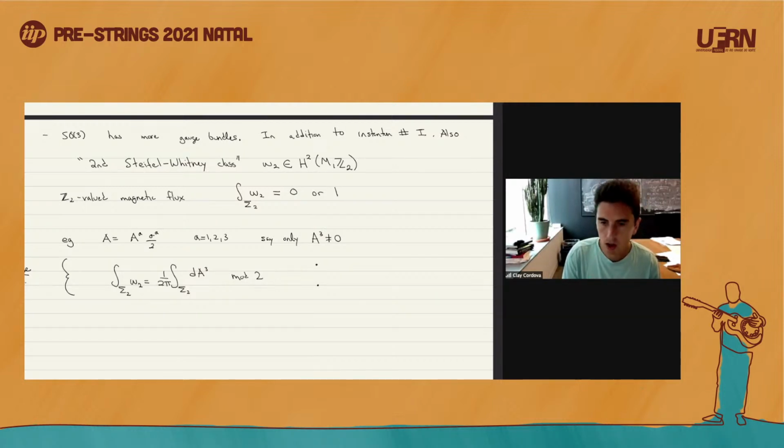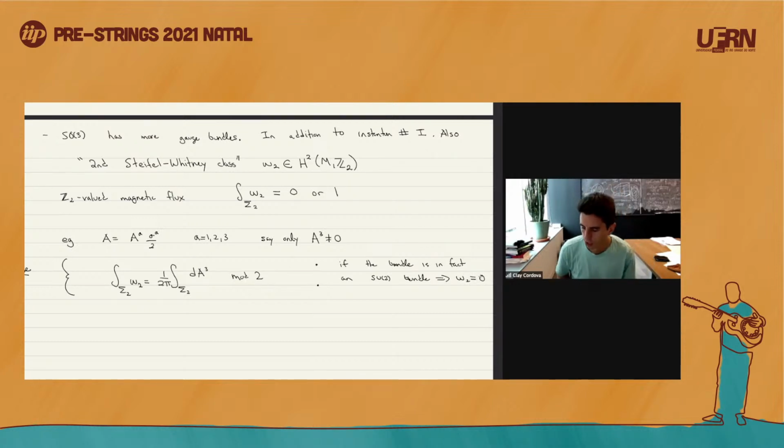Now, one general property that we would like to note is that if the bundle is in fact an SU2 bundle, that implies that W2 equals 0 as a cohomology class.